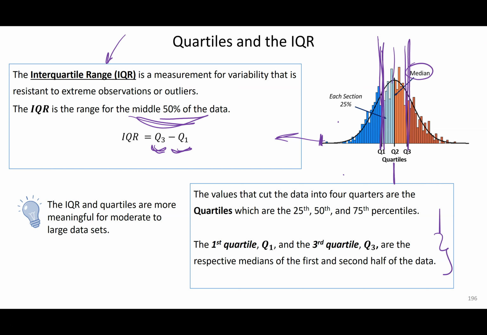So if you wanted to calculate where the quartiles are, first you find the median. Then for the first half, you find the median of the first half. That's Q1. Find the median for the second half. And that's Q3. That's how we would find them. It's essentially just folding. First you fold the data set in half. Then you take each half and fold that in half.